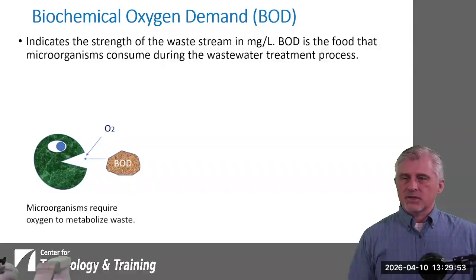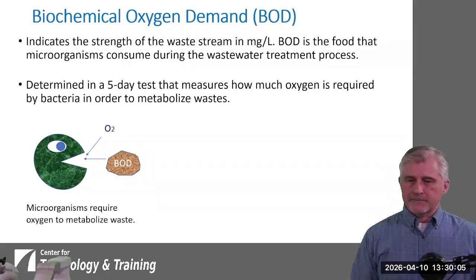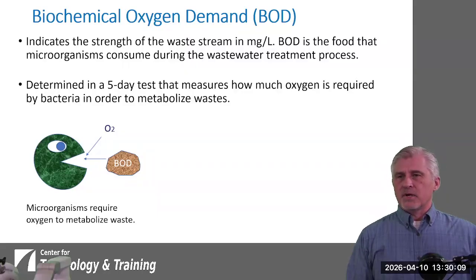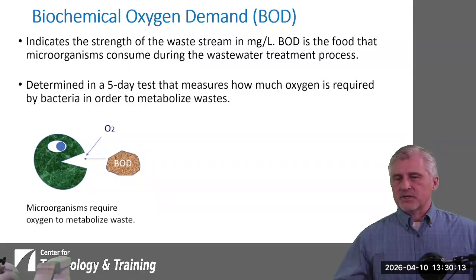It takes in oxygen, it takes in BOD, and that's how the food is broken down. I still find it funny that we talk about food when we're talking about wastewater, but that's what we call it. So BOD is determined in a 5-day test that measures how much oxygen is required by bacteria in order to break down those wastes.